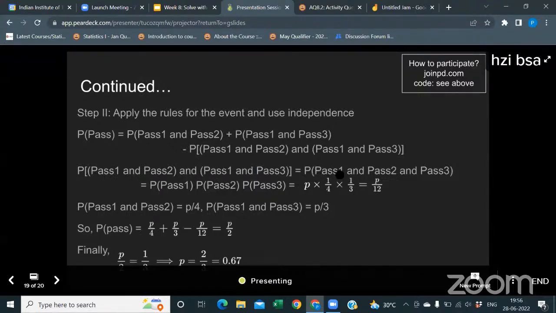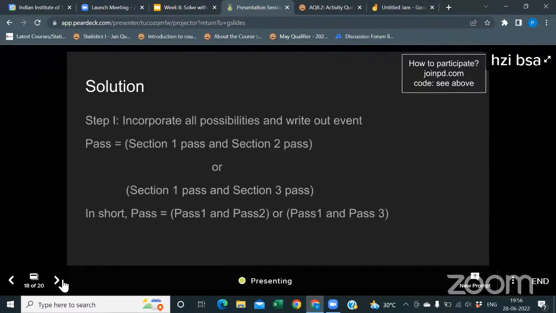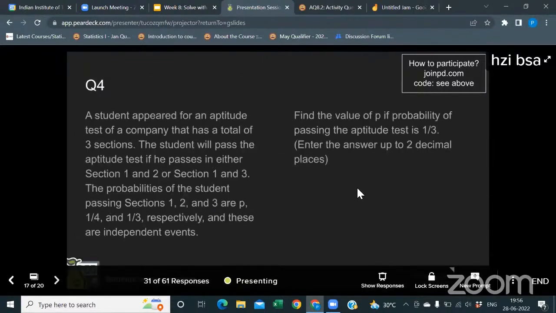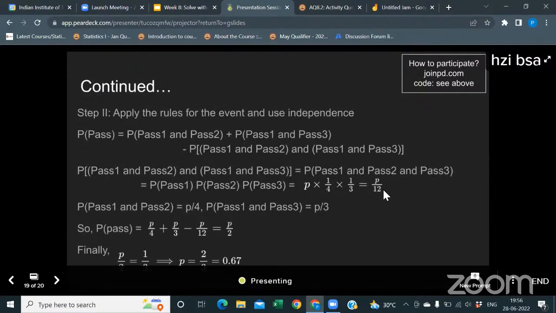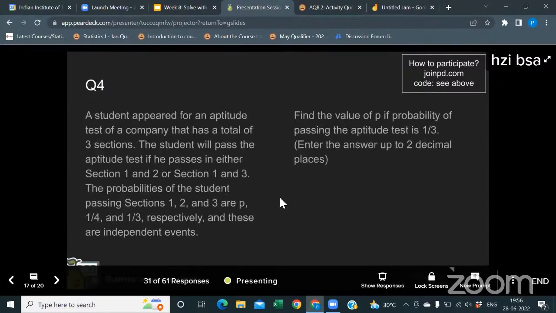So all independent, I can multiply: P into 1 by 4 into 1 by 3, which is P by 12, right? Why did I multiply? Because in the question it is already given that these are independent events.